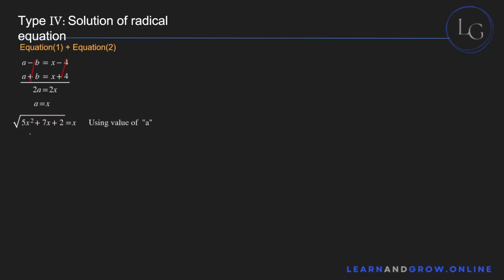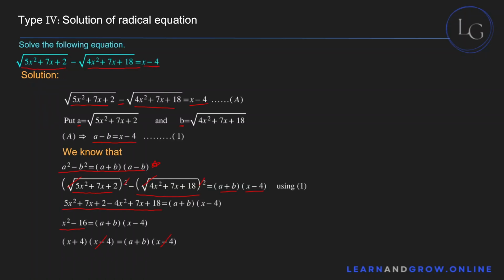So now this quadratic term that we had originally, that was equal to x, as you remember. We know that a is equal to x, so you'll use this equation here.